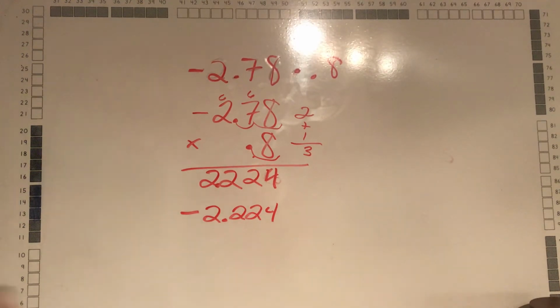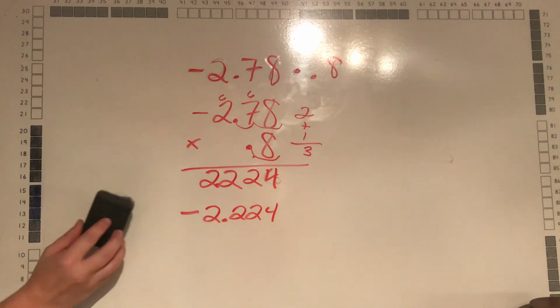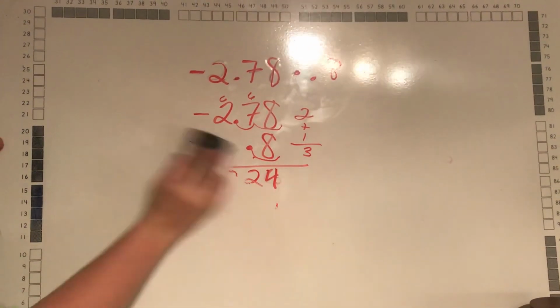For the last part of this lesson, before you move on to your assignment, we are going to do the think and discuss question number 1, which gives you a problem. I'm going to write the problem on here. I want you to work the problem out and then tell me whether or not the answer that they give you is correct or incorrect. If it is incorrect, please explain to me what they did wrong.